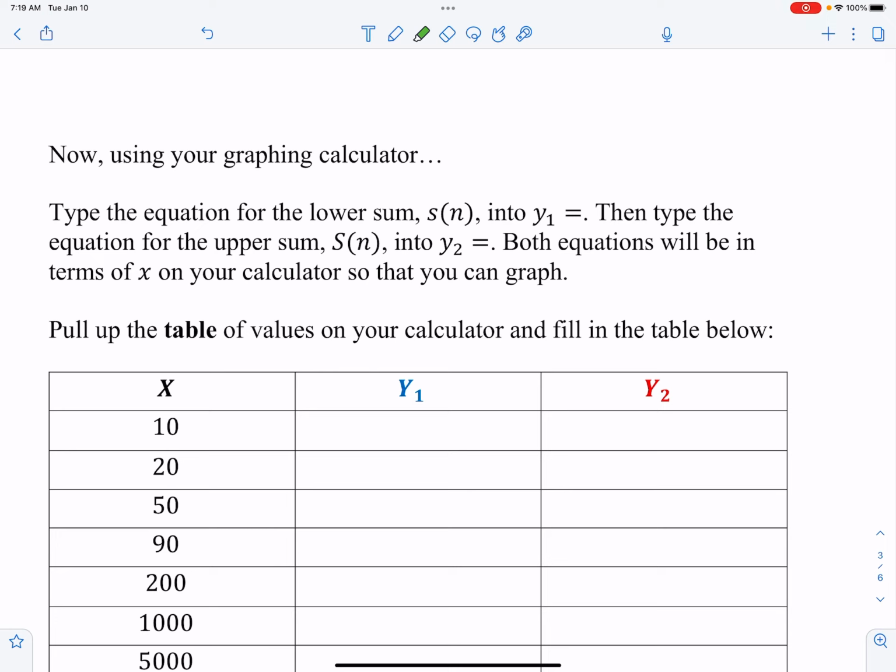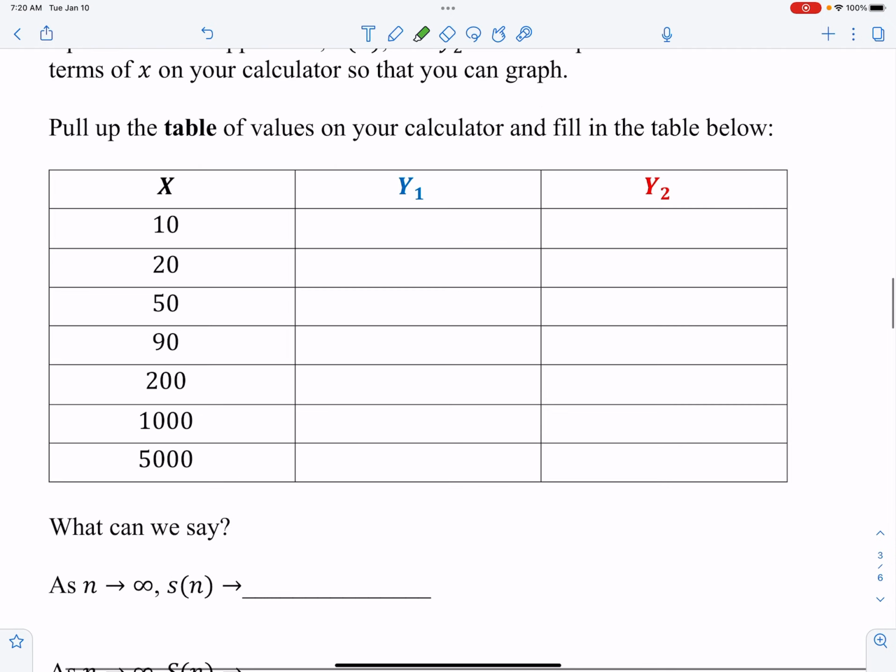And then making sure that you have your table set so that you can type in values for x. Go ahead and hit second window so that you pull up the table set menu, and make sure that under independent, ask is highlighted. That's going to allow you to type in values for x. So then you can hit second graph to go to the table and go ahead and fill in all of these values.